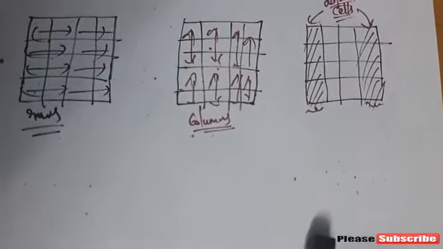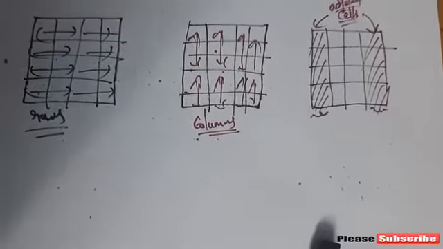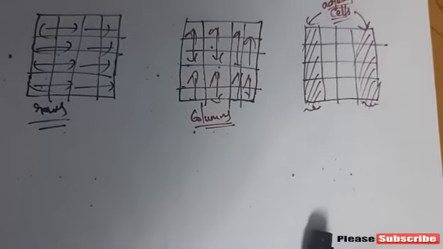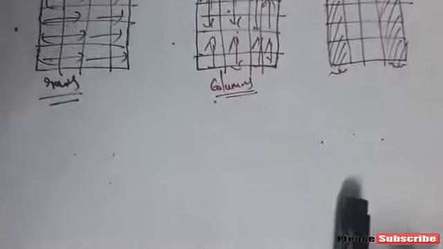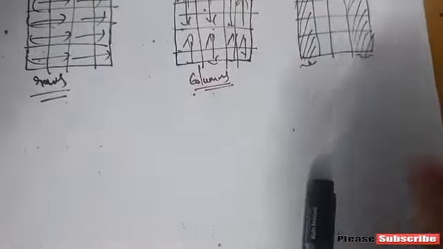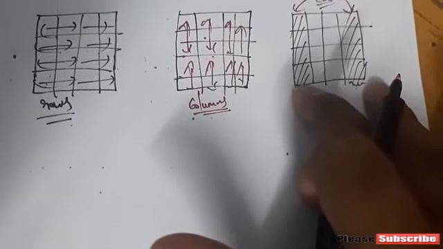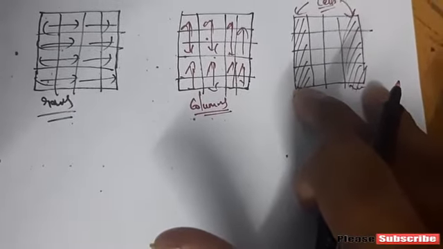In the questions, if you see any of these adjacent cells, we will just pair them into one pair. If you have column-type adjacent cells, you just pair them into one group.